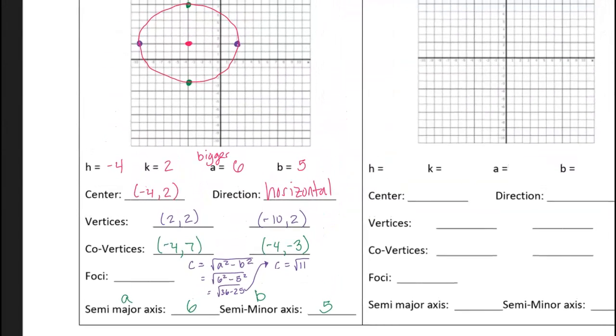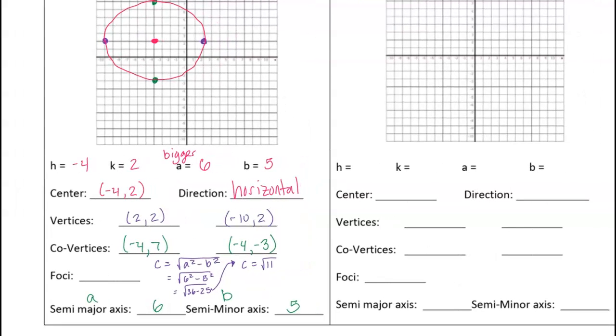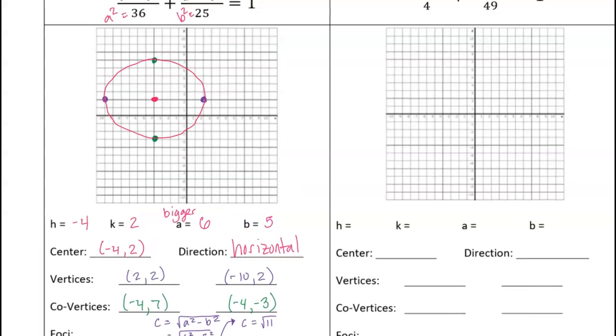Now looking at the ellipse, we know, or hopefully we know, that the foci are always on the major axis, in line with the center. So knowing that my foci are on this major axis here, that's the major axis.